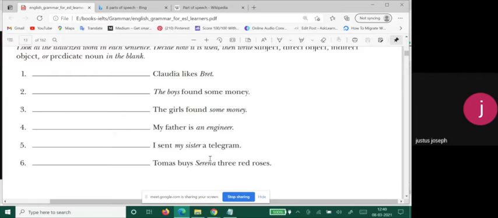Thomas buys what? Buying is an action, going to the shop and getting something. What did we do, or with whom did we do that? We did that with red roses, that is the object. We might have done all of this for somebody else, and that person becomes the indirect object.